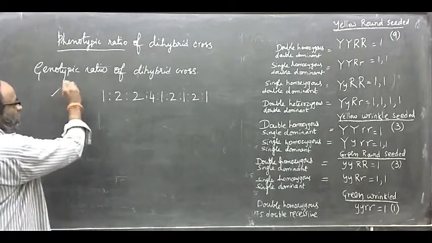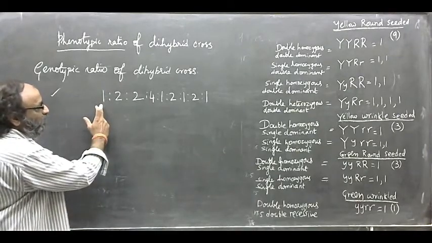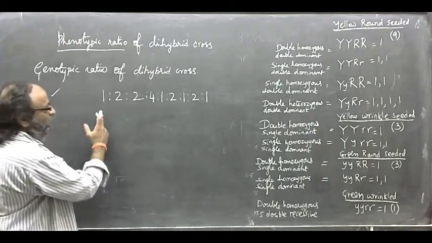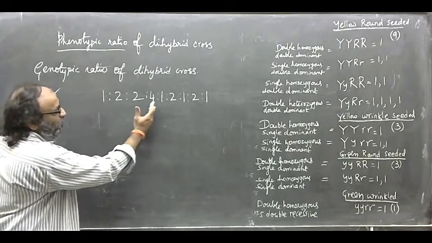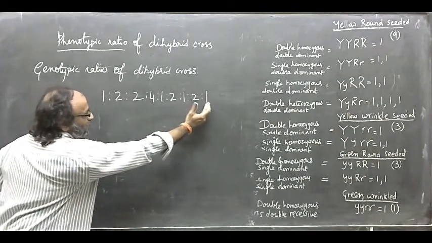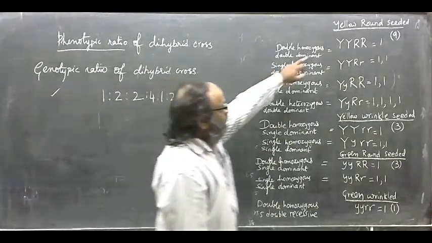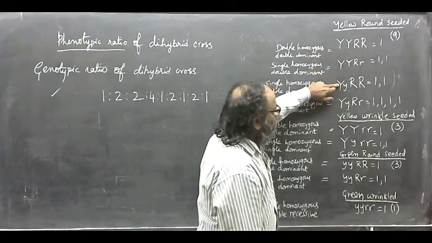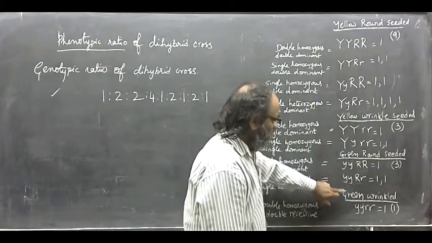That you have to check. And second, there should be 9 genotypic forms. 1, 2, 3, 4, 5, 6, 7, 8, 9.